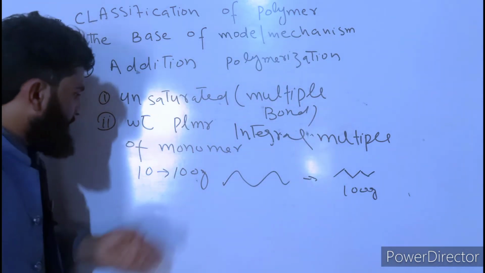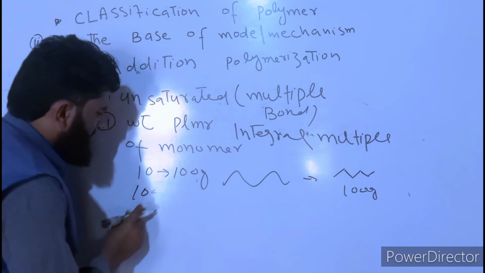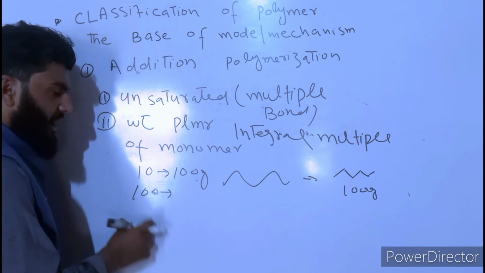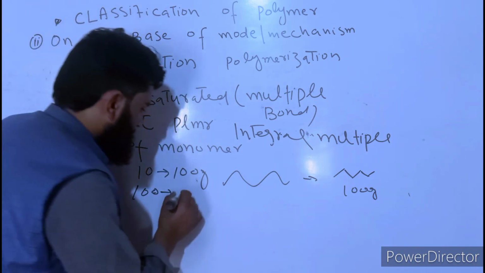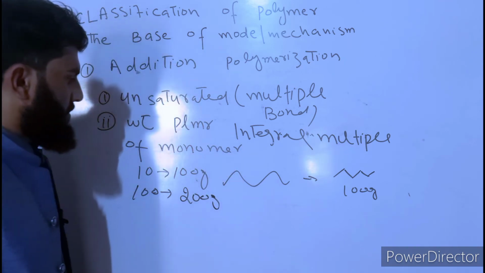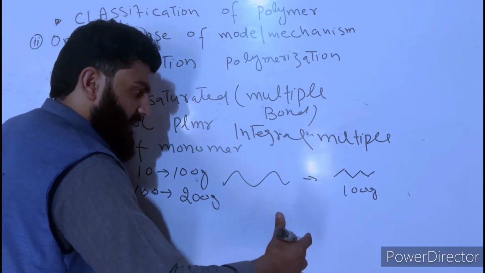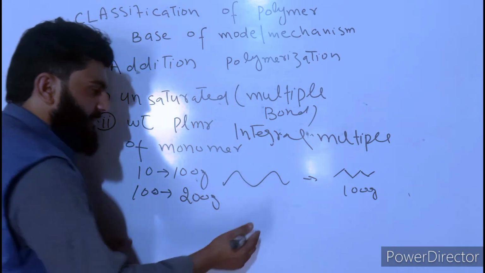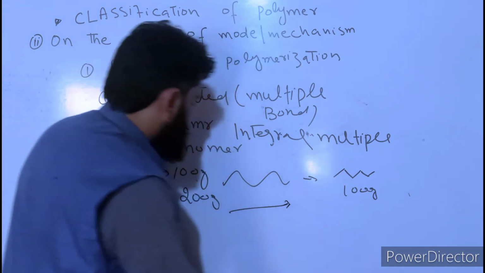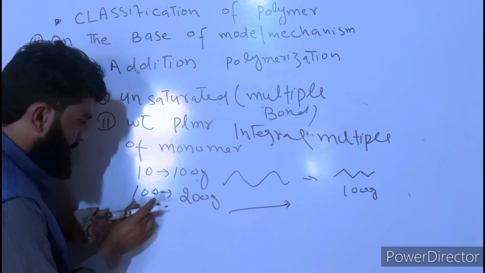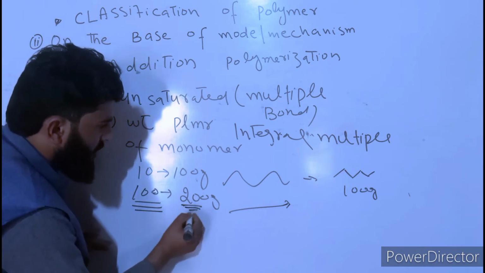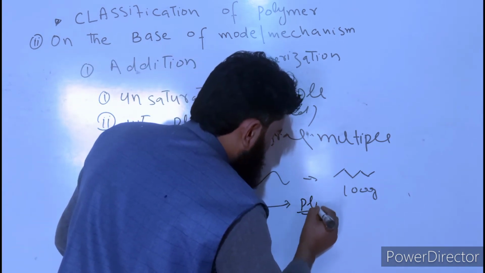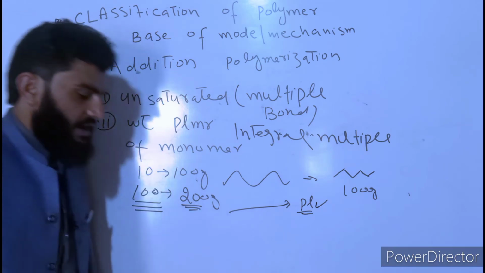For example, if the weight of 100 monomers is 200 gram, when they undergo chemical reaction by the addition way and form a long polymer, this polymer weight will also be equal to 200 gram.